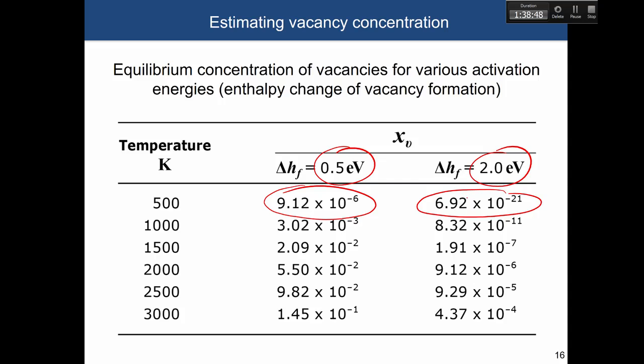So there are dramatic changes, right? At the same time, if you simply change the temperature just by a little bit, then the equilibrium concentration again can change dramatically. Simply going from 500 Kelvin to 1,000 Kelvin, you're changing the concentration by 10 orders of magnitude, okay? Or even more than that.